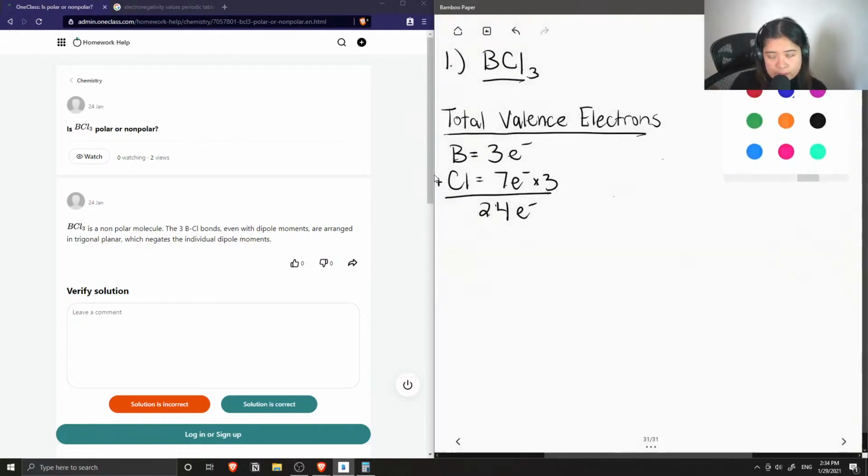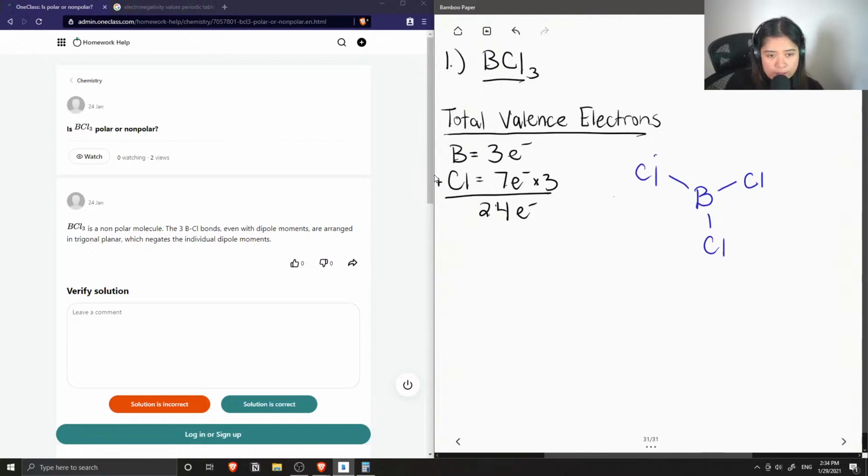So now we can start by drawing out the skeletal structure for this compound. Our central atom will be the boron, since it is less electronegative than the chlorine. And now I can draw 3 single bonds to the chlorine atoms, like so, and draw in all of their lone pairs.